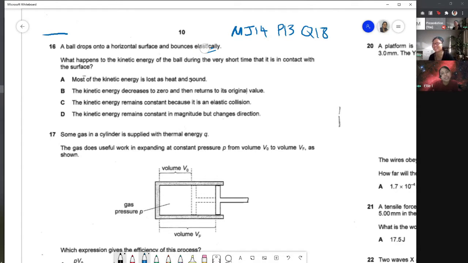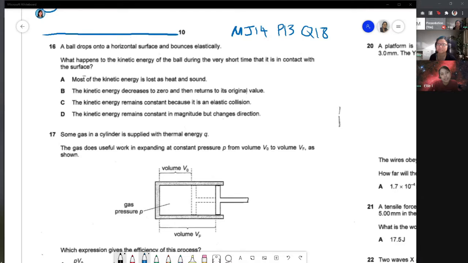Let's try to draw it out. Ball comes down, hits the table, stays there for a moment, goes up and away. Elastic just means before and after have the same energy, same speed, v and v. But wouldn't it stop moving for a moment?